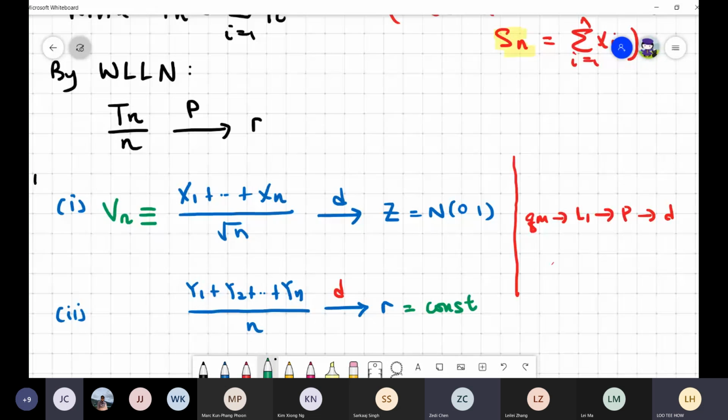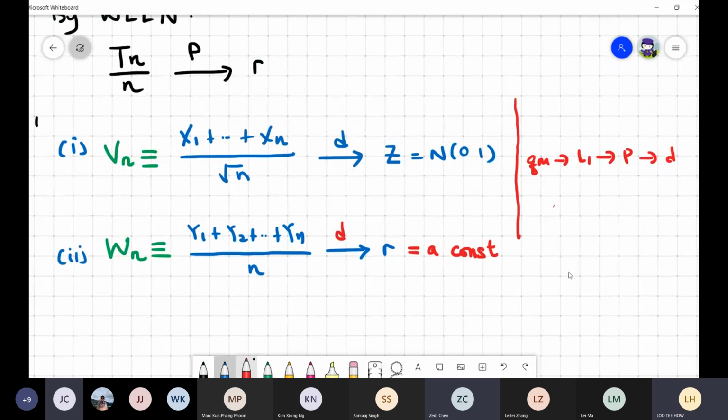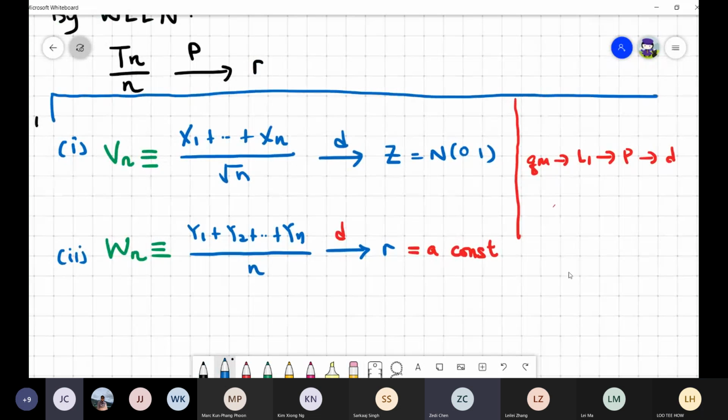Take note, this r is a constant. Again, this expression might be a little bit too complicated, so maybe you can write this one in a relatively simple way. Let's say Wn. And take note, this one is a constant. I think maybe I put a box here. So this is not the solution yet, just discussions.